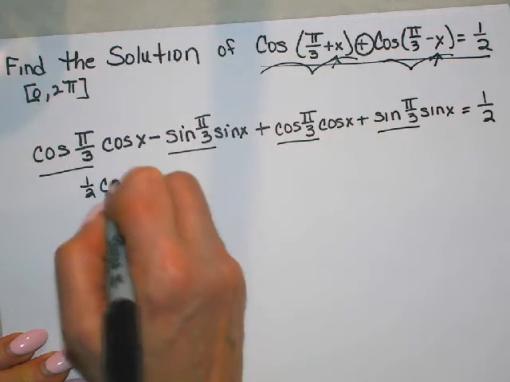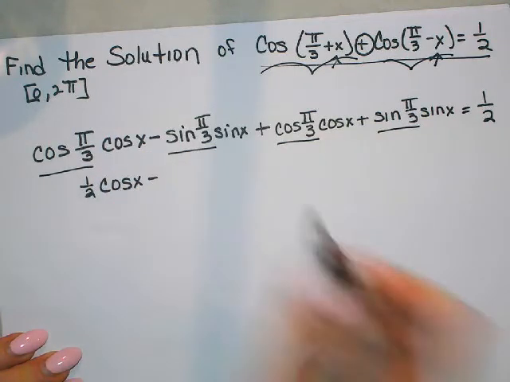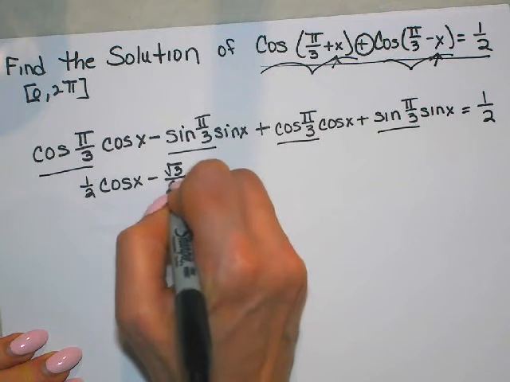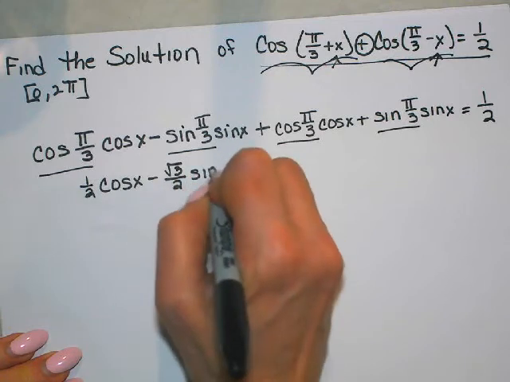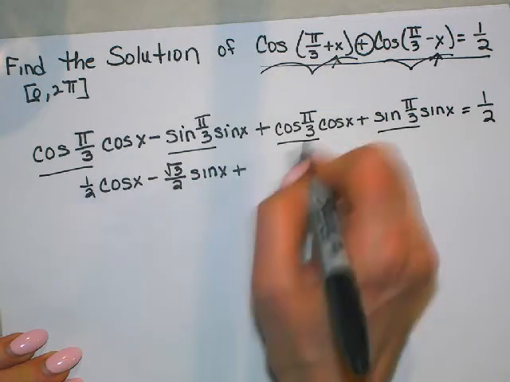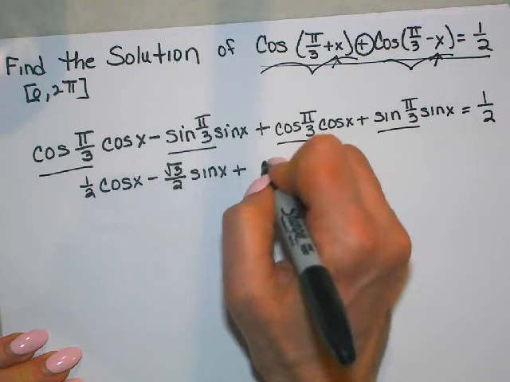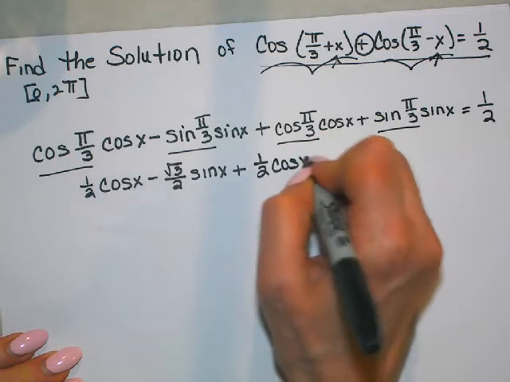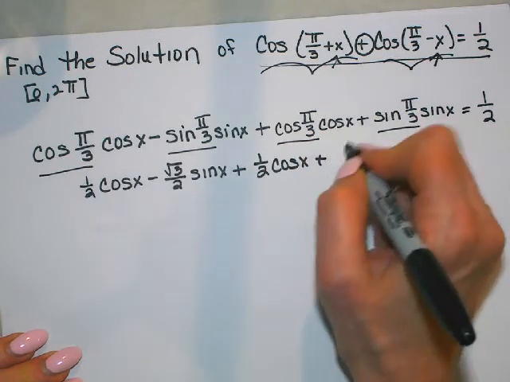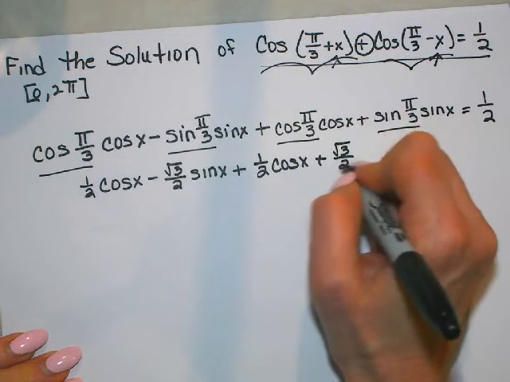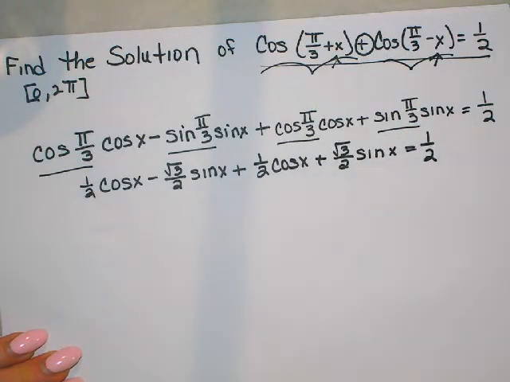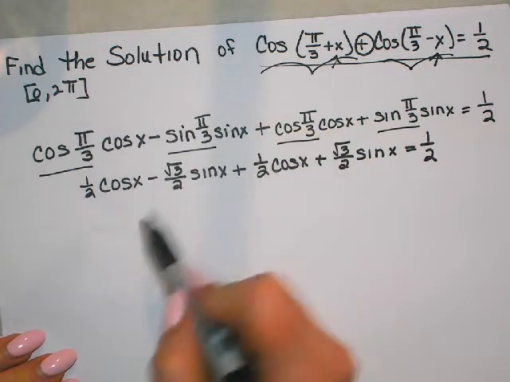I don't know the x, so I'll just write cosine x minus the sine of pi over 3, which is radical 3 over 2 sine x, plus the cosine of that again, which is 1/2 cosine x, plus the sine of that once again, radical 3 over 2 sine x, equals 1/2. Okay, so after I expanded, then I substituted.